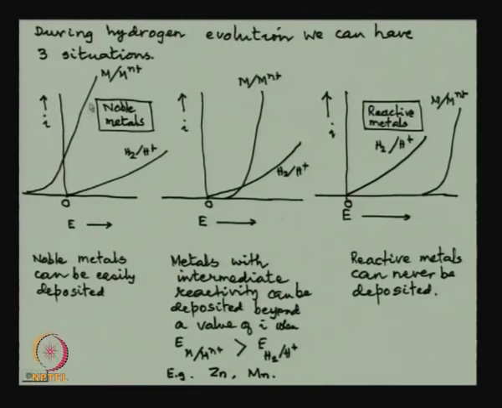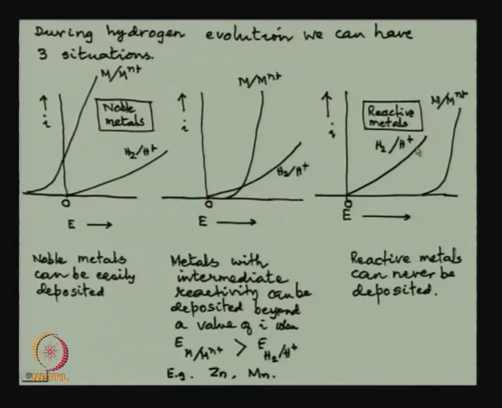Metal ion potential, if you compare, will also increase, but in the case of noble metals, this is always higher than this. So, noble metals can always be deposited, no matter what is the current you are passing.